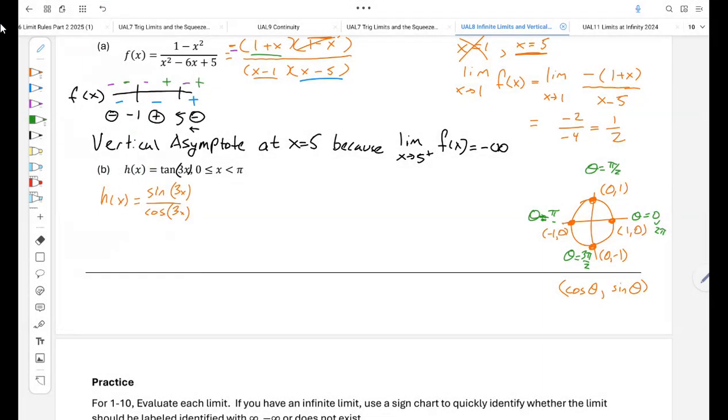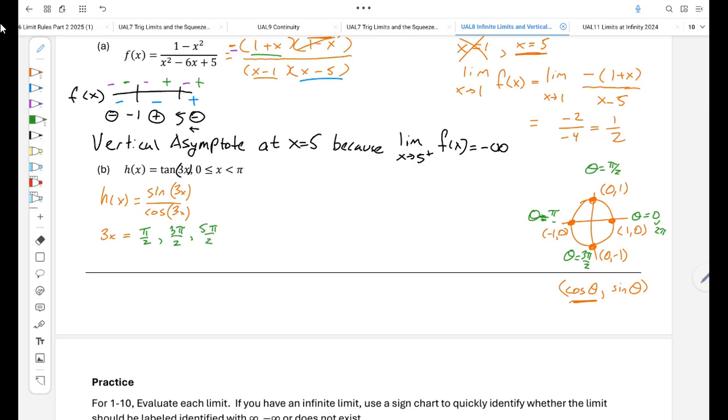Well, that happens when that argument, 3x, is equal to any of those theta values where the first number you see is 0. The first one we see is pi over 2. The next one we see is 3 pi over 2. This ends up being pretty easy to continue because you're really just getting odd multiples of pi here.